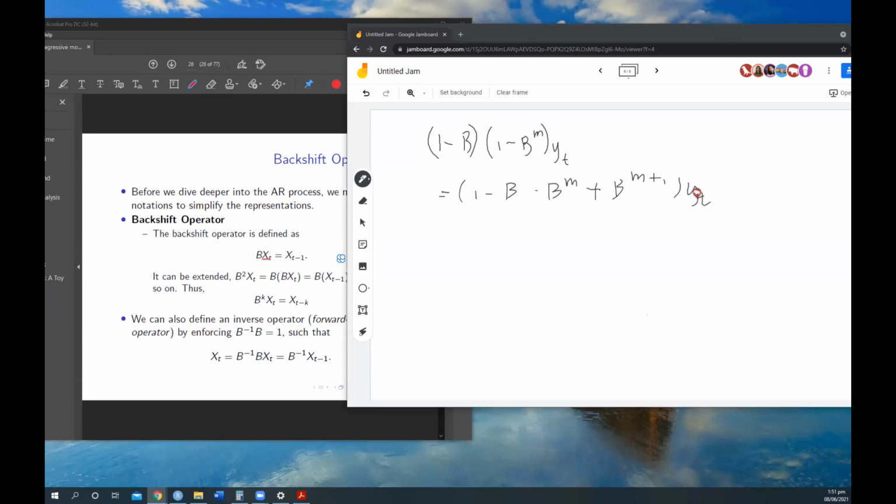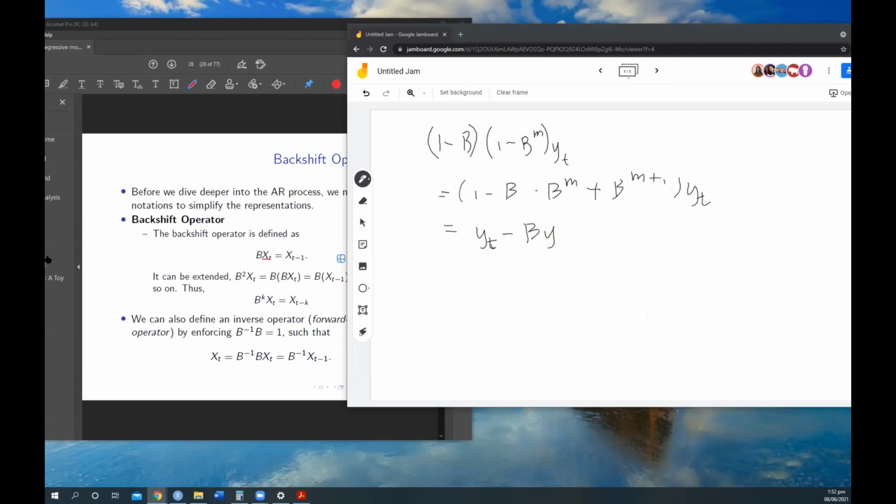Very good. Sige. So, hawaan na ang mga backshift. Pwede na rin mo i-distribute actually. Ang Y sub T minus B... Okay.